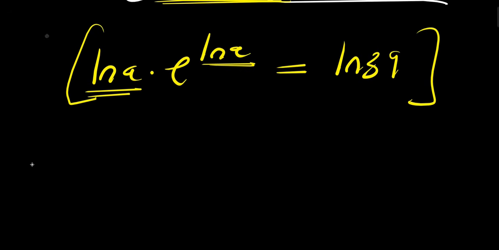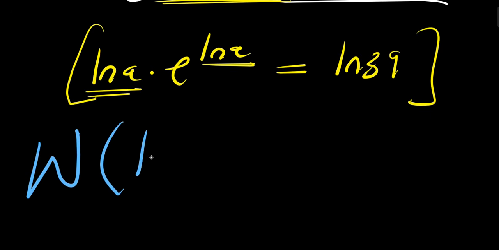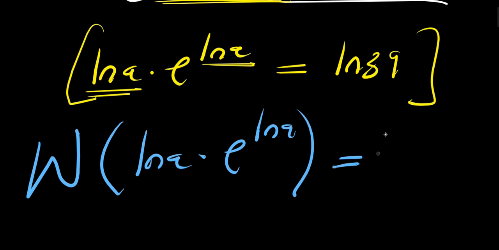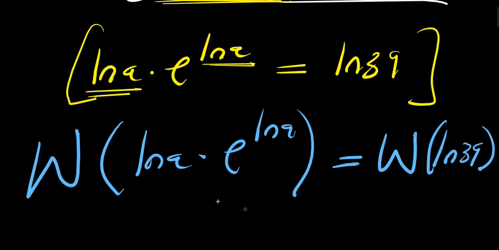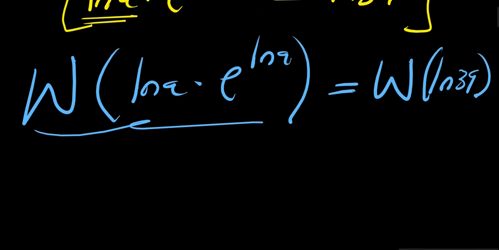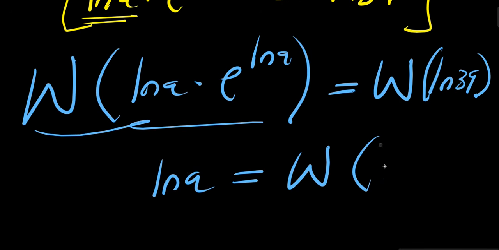I can have the Lambert W function of ln a times e power ln a equals, I need to also apply it here, the Lambert W function of ln 39. And don't forget the fact that once you apply the Lambert W function here, the result will simply be what we have here, which is the ln a, and this equals the Lambert W function of ln 39.